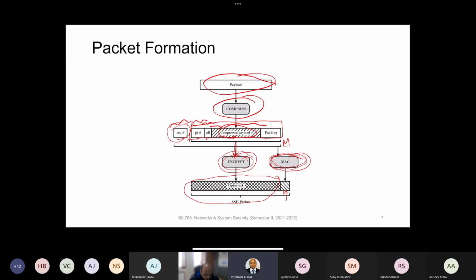Okay. So let's have some brief discussion about the other two protocols. I said that there are three sub protocols as part of the SSH. One was the transport layer protocol, which I discussed, which basically deals with the encryption and authentication of the data and authentication of the server.